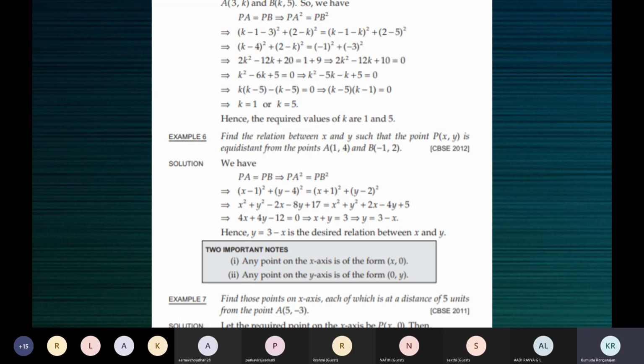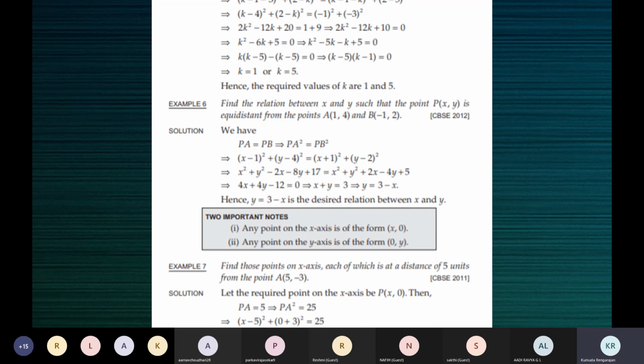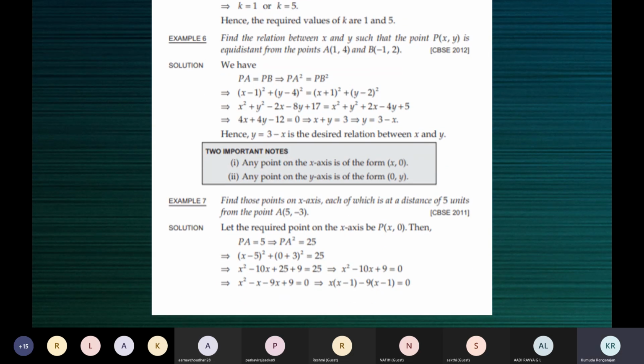AP is equal to 5. AP square is equal to 25. And AP square, you should use the distance formula, is equal to 25. Solve that equation. See here. Let the required point on the x-axis be P (x, 0).